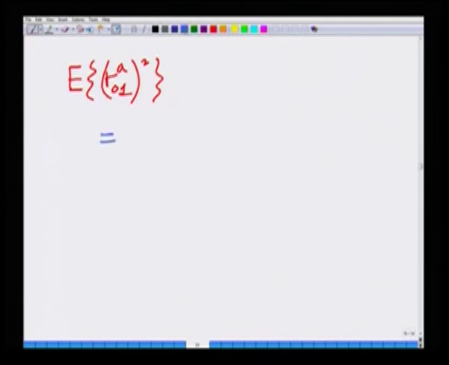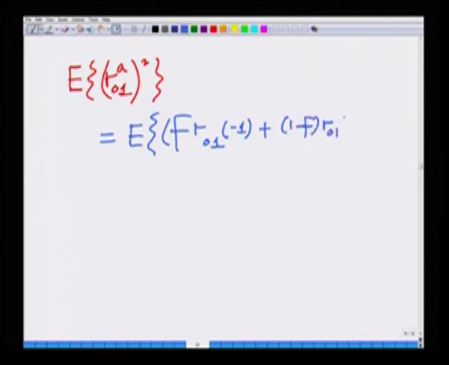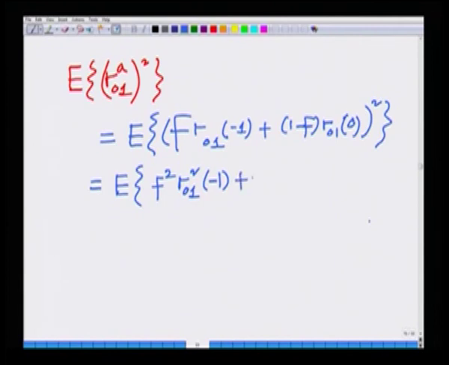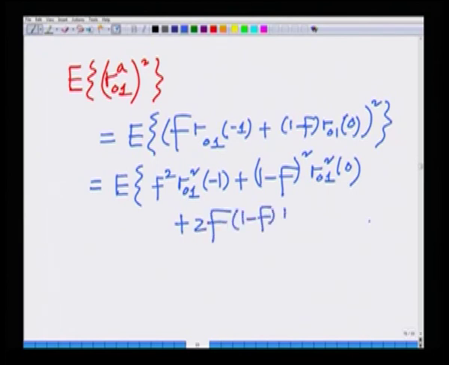That is nothing but expected f R01 of minus 1 plus 1 minus f R01 of 0, whole square, and this can be expressed as expected f square R01 square of minus 1 plus 1 minus f square R01 square of 0, expanding the squares, plus twice f into 1 minus f into R01 of minus 1 into R01 of 0.